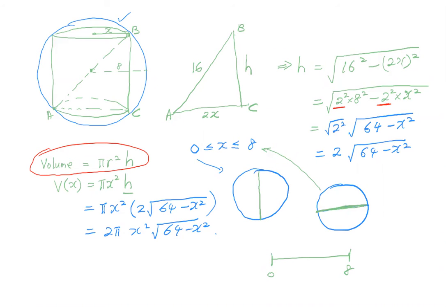Do you know how to get the pi? 2 pi x squared square root 64 minus x squared. Okay, go to window, set 0 to 8, zoom fit.